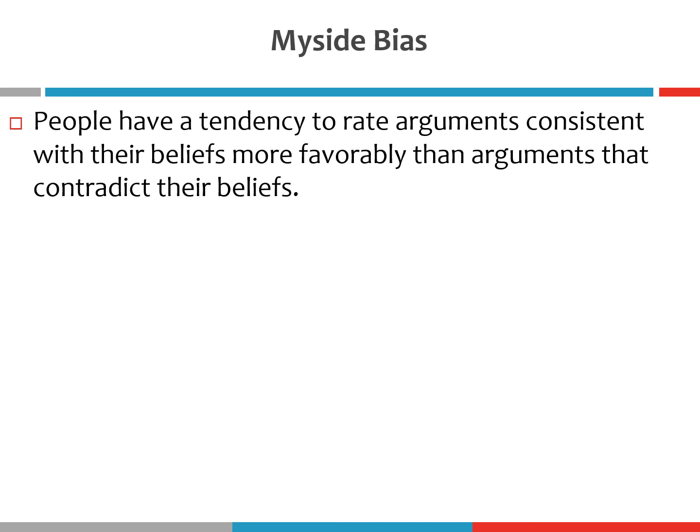Again, this is confirmation bias. People's prior belief caused them to focus only on information that agreed with their beliefs and to disregard information that doesn't. Along with that, they tended to rate arguments consistent with their beliefs as being more favorable or more convincing than arguments that contradicted their beliefs, which is the my side bias.